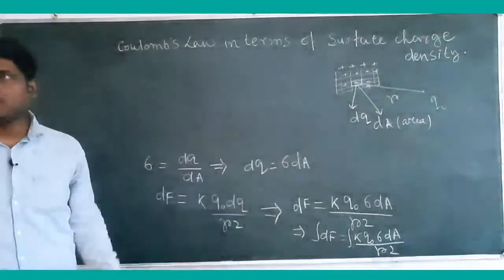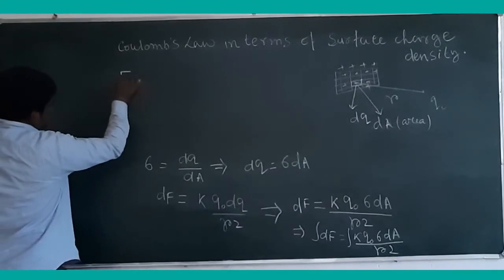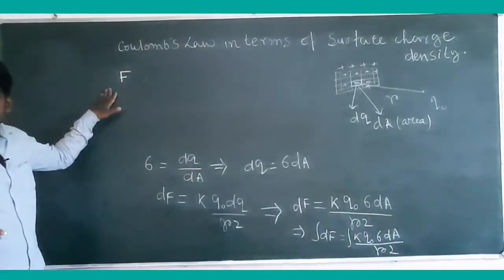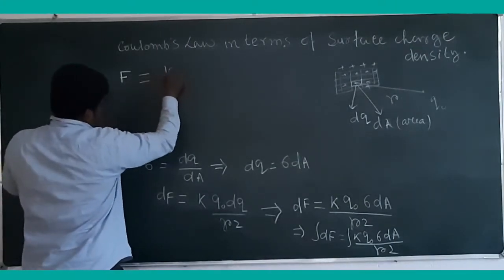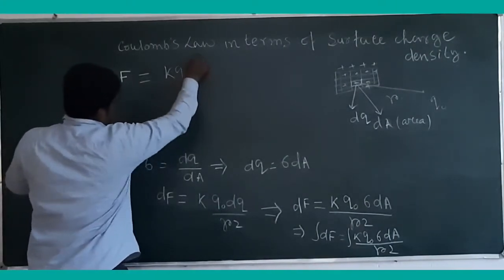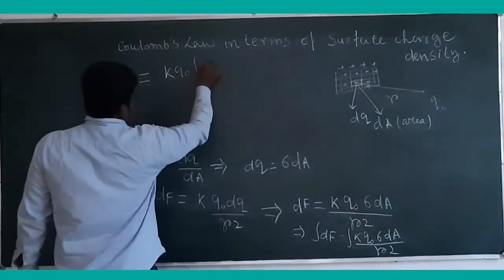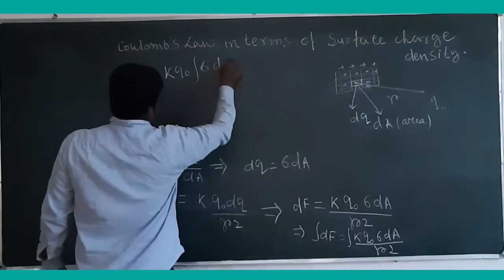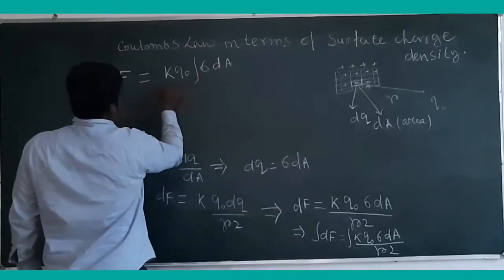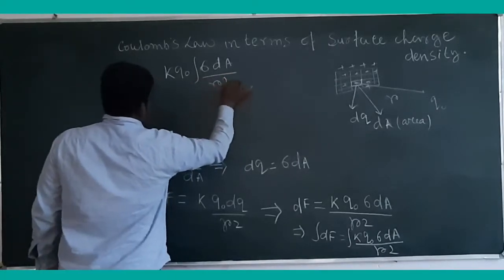Now from that equation we can write, integration of dF will be equal to F, and K and Q0 can be taken as constant, so this can be written as sigma dA by r square.